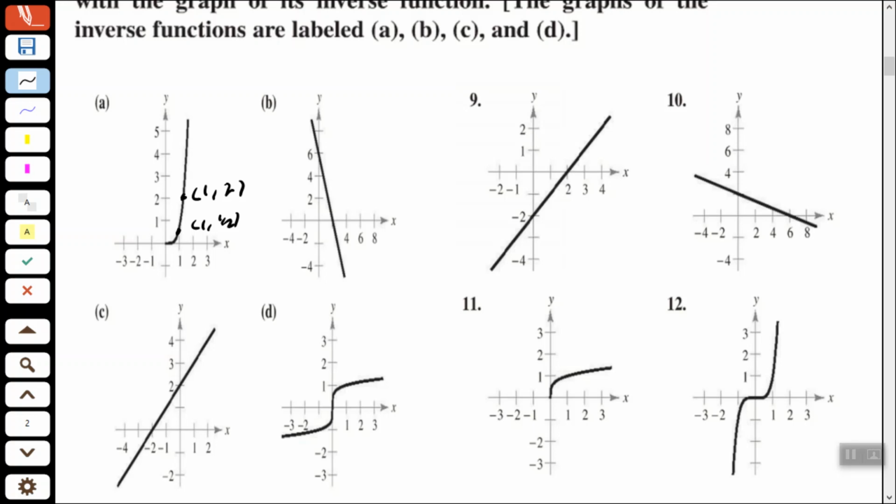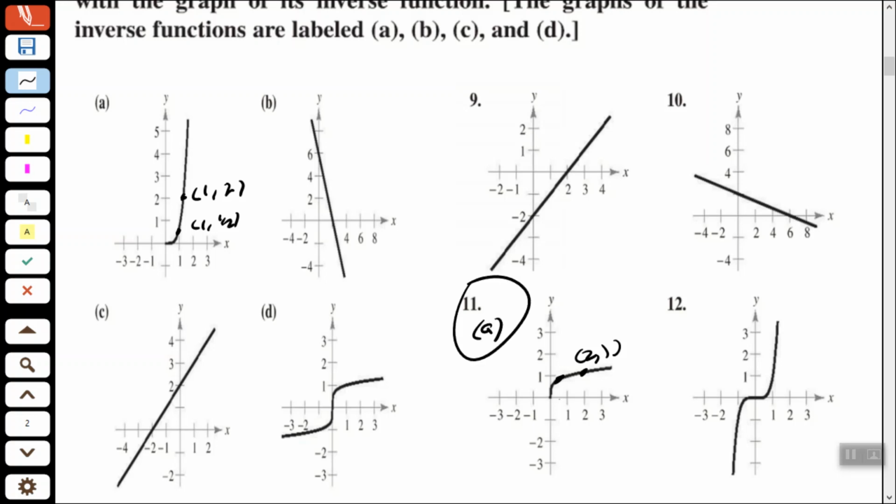Let's look at maybe number 11. This has (2, 1), so we see that that's an inverse, and then (1/2, 1). So I would say that 11 and A are inverses of each other.